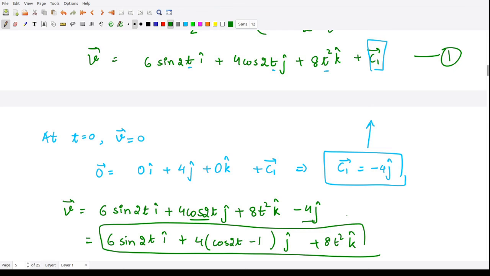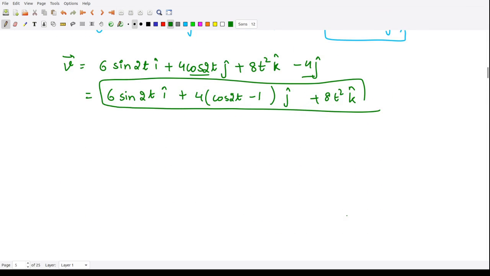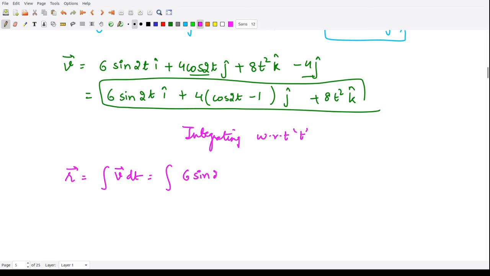Next, let me calculate the displacement vector, which is also calculated by integrating this particular quantity. So integrating with respect to time again, we have the vector r, which would be the integration of vector v dt, so the integration of 6 sin 2t i cap plus 4 cos 2t minus 1 j cap plus 8t square k cap dt, right?